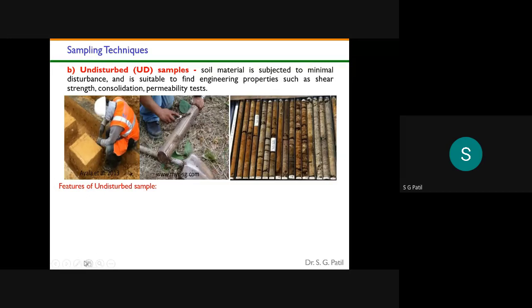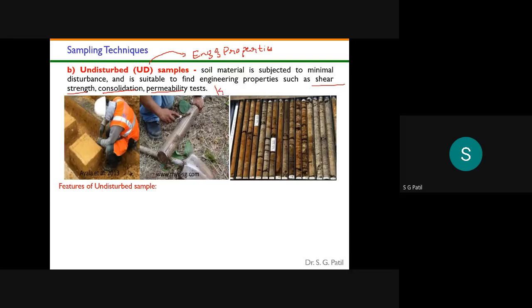These undisturbed samples will be used to find out engineering properties. What are the engineering properties? Shear strength parameters, C and phi, consolidation parameters, and permeability parameters.